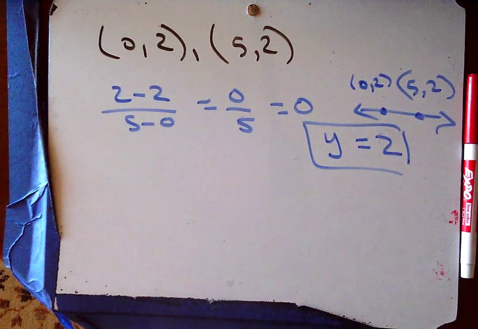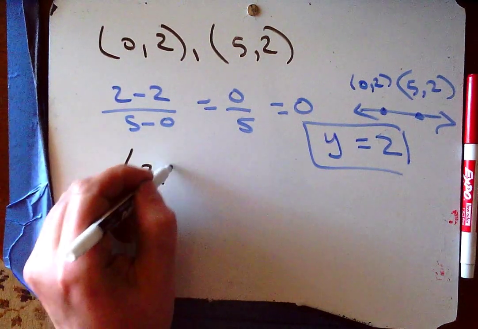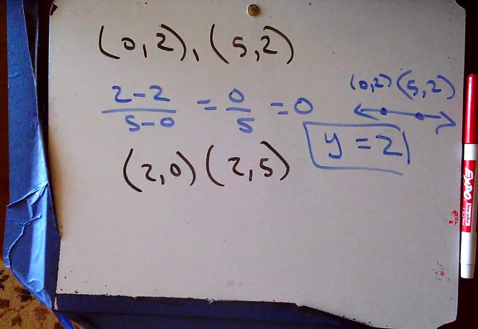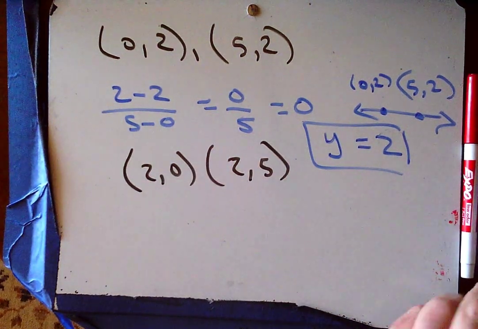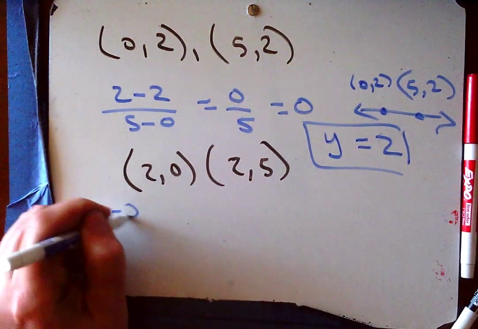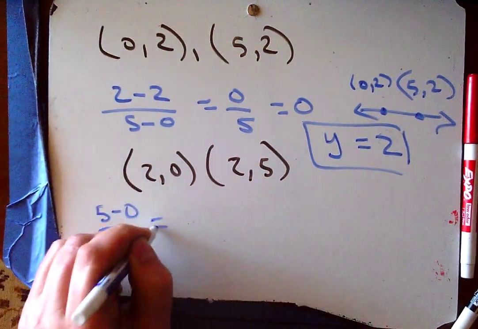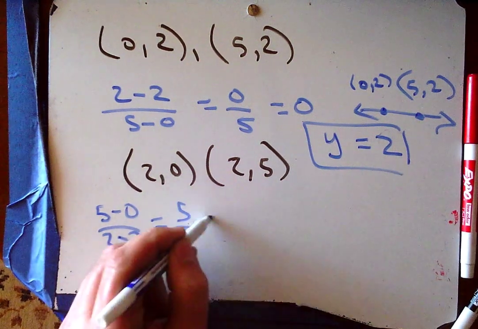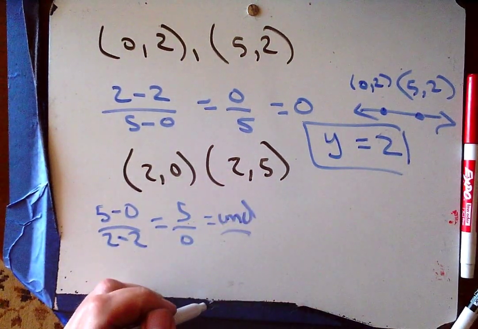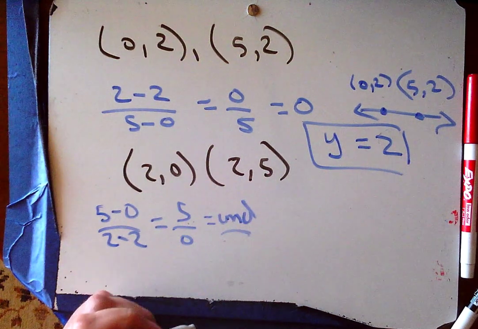What if instead I had these points, (2, 0) and (2, 5)? How would I write the equation of that line? Well, when I try using the slope, 5 minus 0 over 2 minus 2, I get 5 over 0, and I know that's undefined. How do I write the equation of a line that has an undefined slope?